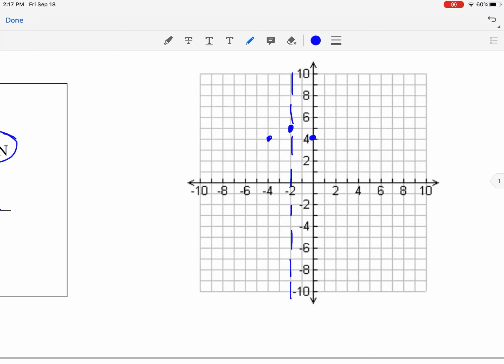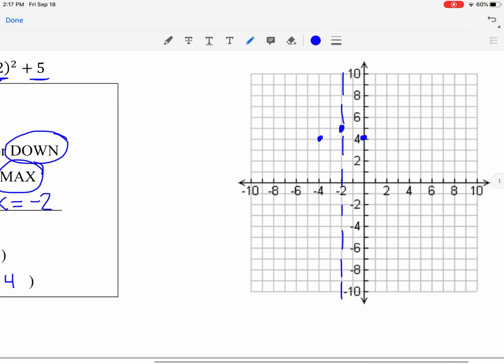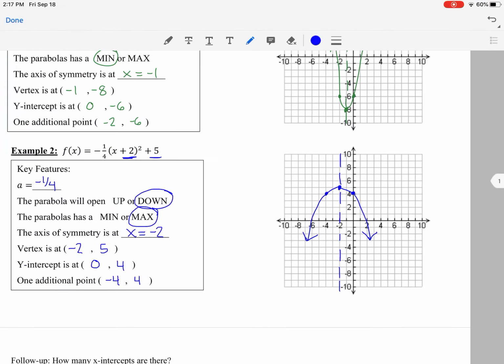So then I can reflect that across the axis of symmetry. So -4, 4 is going to be my additional point. Or you can find additional points by just plugging in more x values if you want to do that. Make sure it actually goes through your point. There we go. And it looks pretty curved.